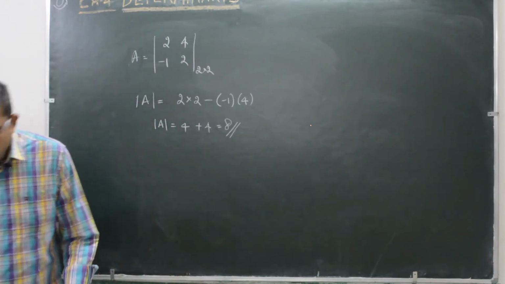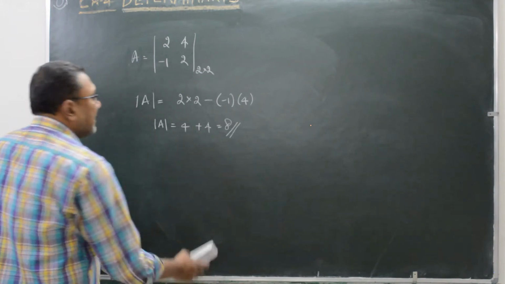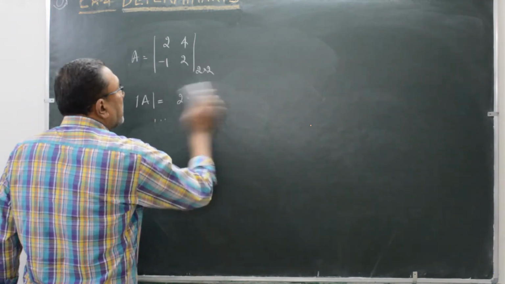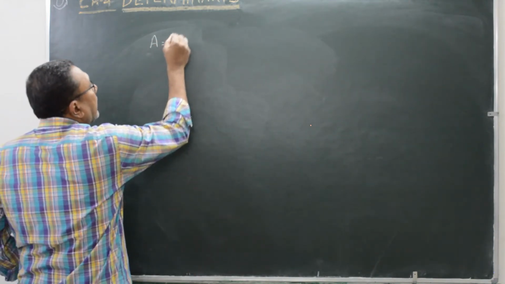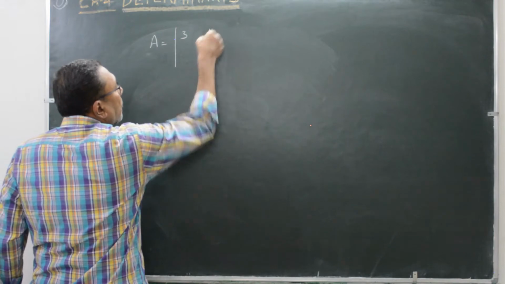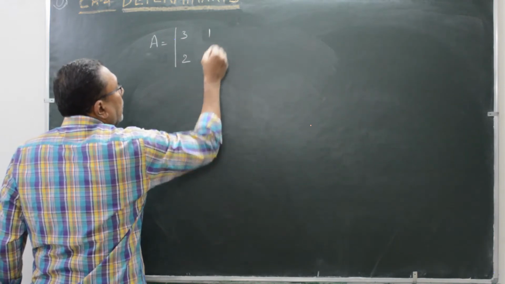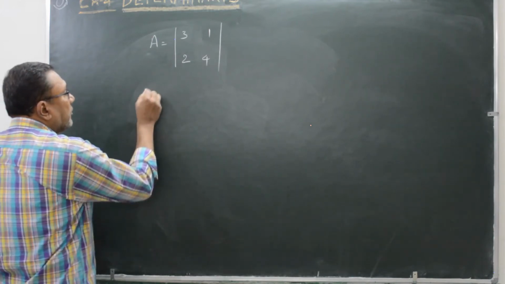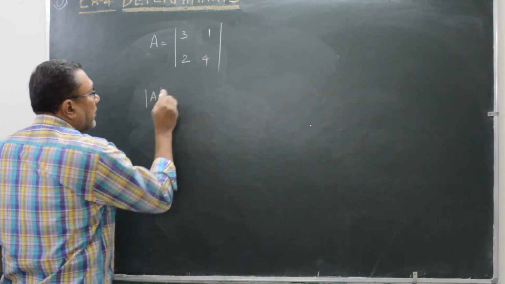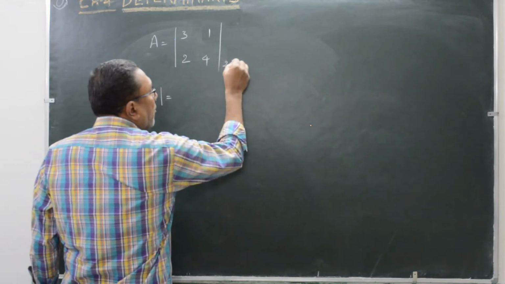Similarly, you can take another example to find the determinant value. Again I will consider a 2 by 2 matrix. A is equal to 3, 1, 2, 4. The value of the determinant for this matrix will be 3 multiplied by 4 minus 1 multiplied by 2.